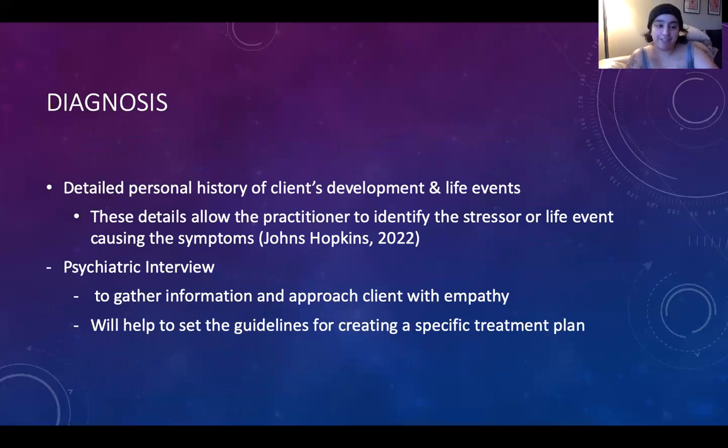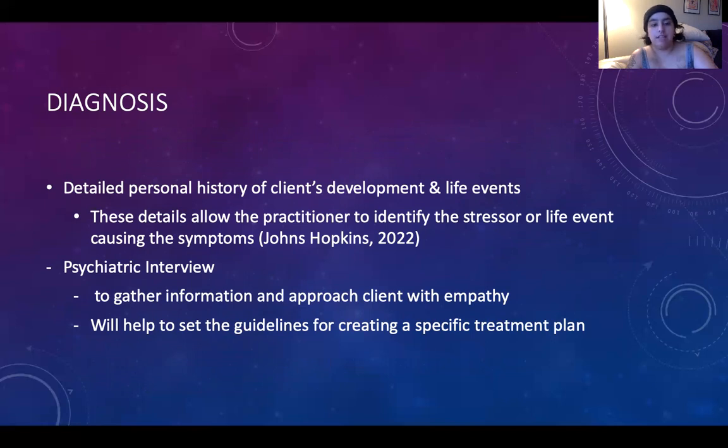So, diagnosis for adjustment disorder. It's really important to have a detailed personal history of your client's life and all of the different stressors, like just event stressors, that could have happened in their life.